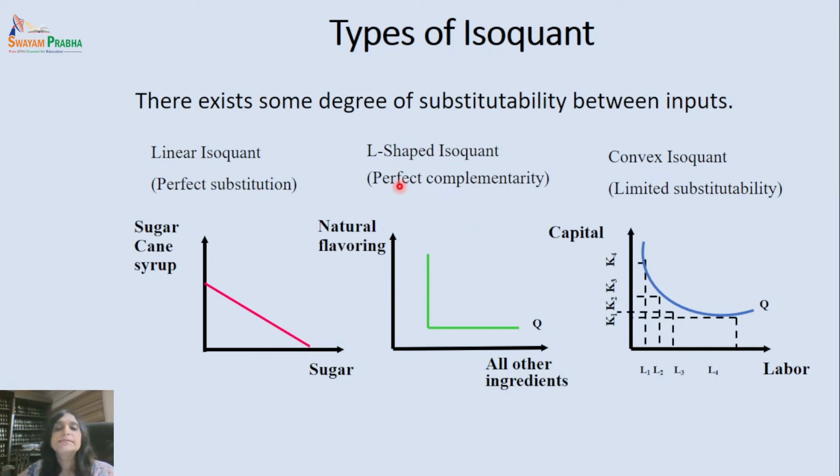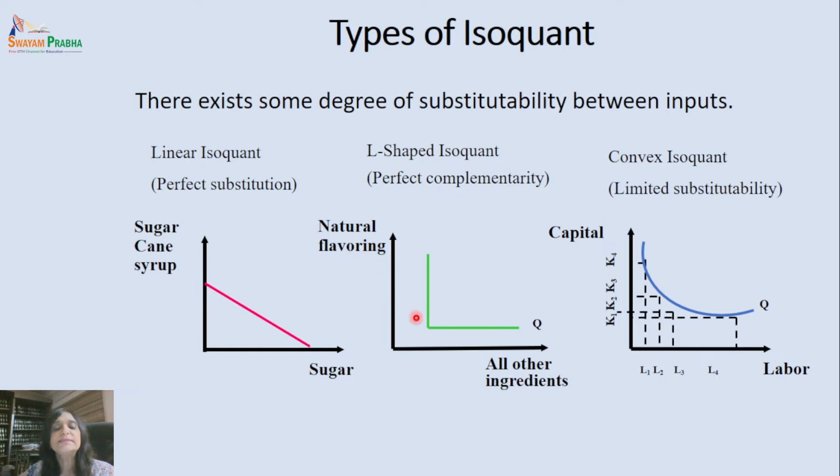The second type of isoquant is an L-shaped isoquant, where these inputs are perfect complements to each other. That is, there is a fixed combination in which you will be using these two inputs. There is a fixed combination of all the other ingredients that you are using, let us say, to produce juice, and the natural flavoring that you are adding in the production of juice.